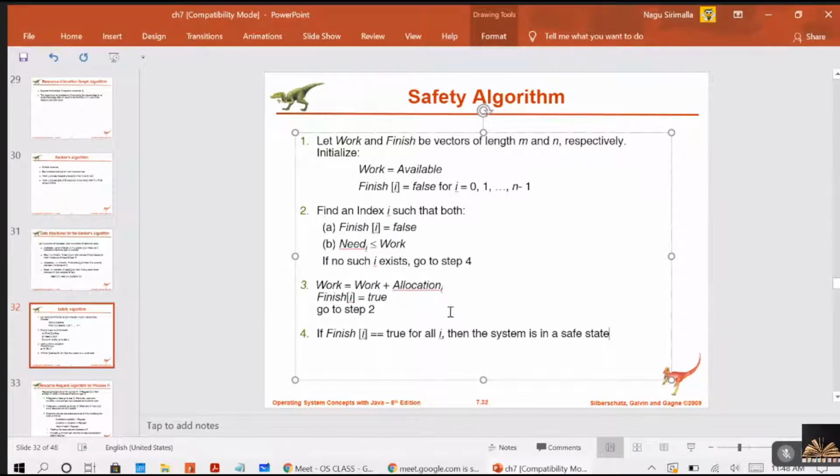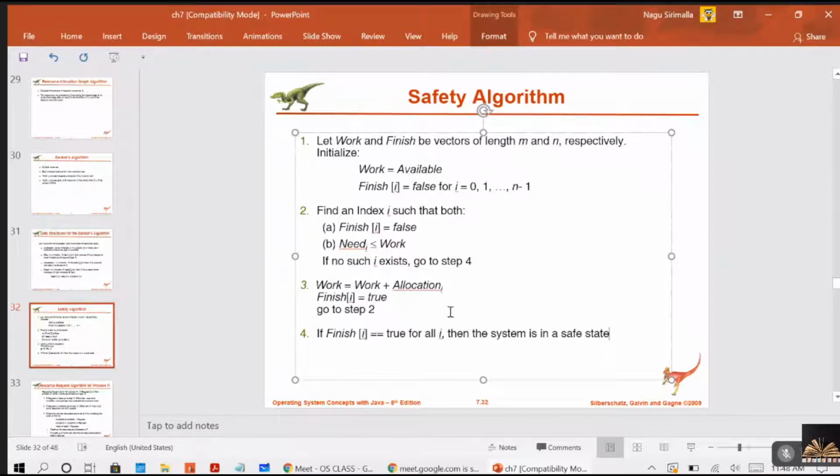That way all processes will be executed by checking that, by allocating the resources to the processes. Very simple way I will tell you the safety algorithm. Initially I have a set of resources and some processes which are not yet completed, that means finish of i is equal to false.